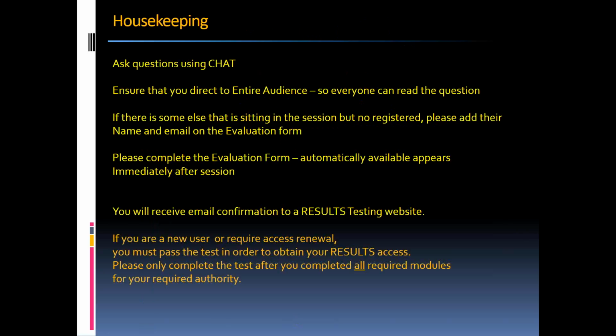If you're only able to attend a few of them, you can review the information on our training website on your own, but you have to have some familiarity with Results to be able to pass the test. So you need not just this session, but multiple other sessions as well. That's a new requirement that we have. And if you're renewing your access, it's the same thing. You have to complete and pass the test as well.